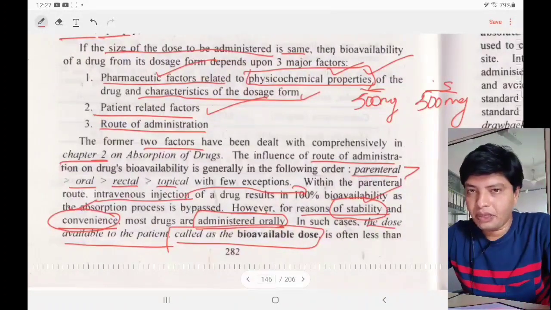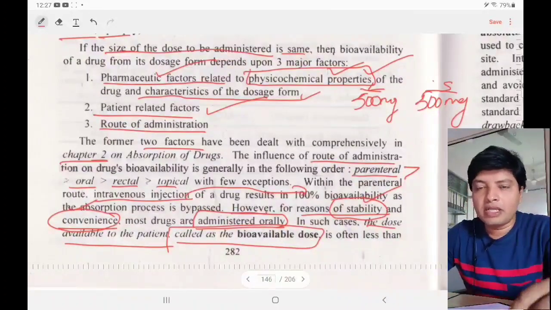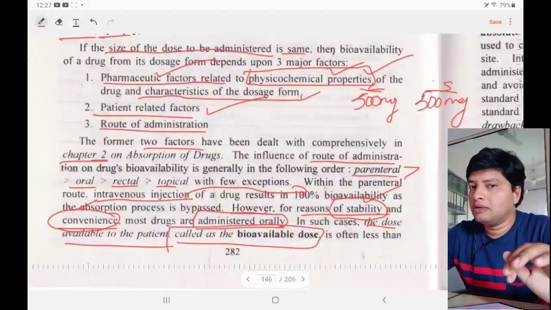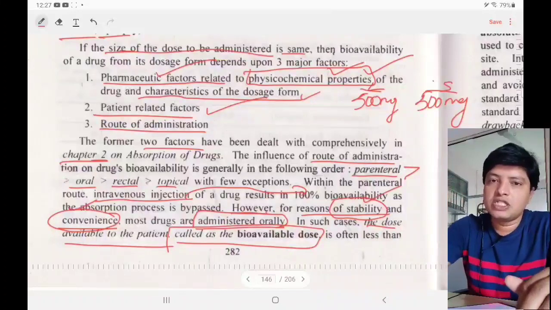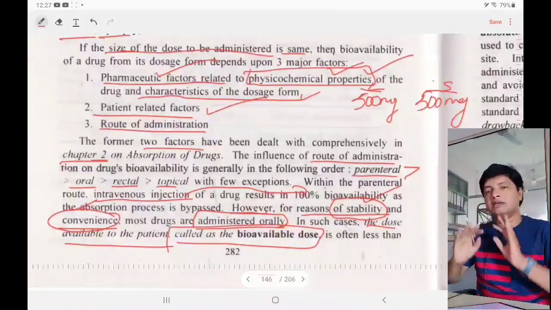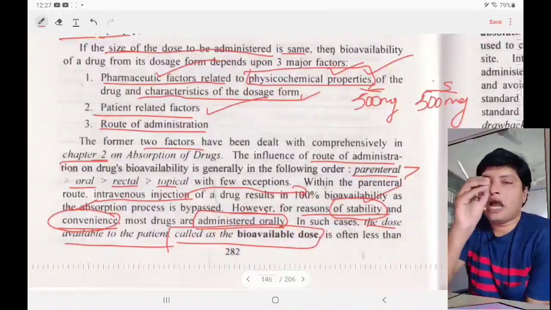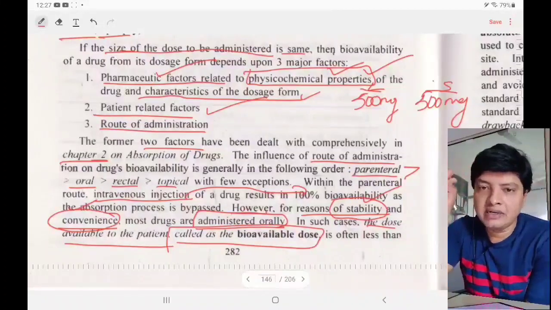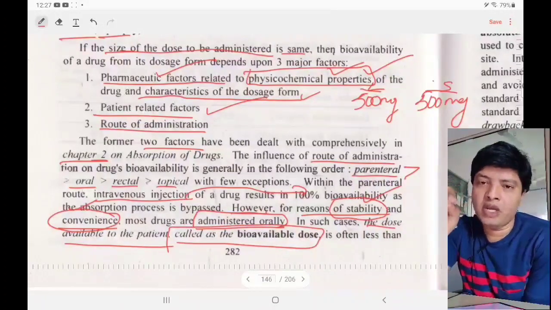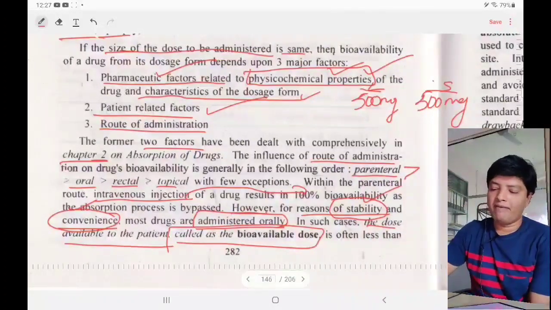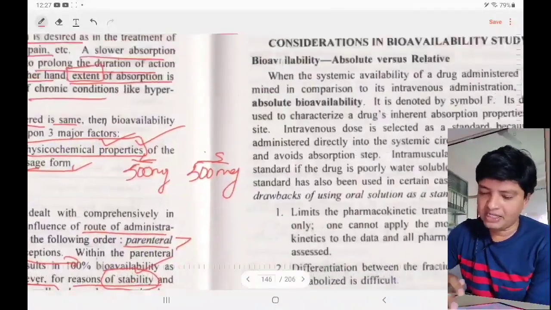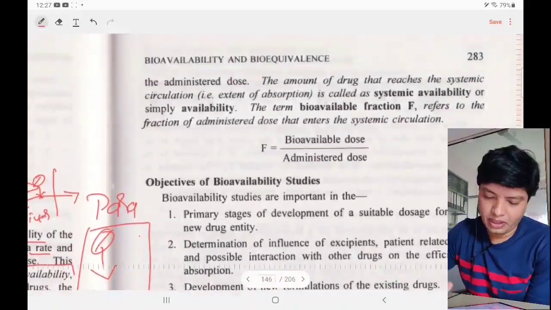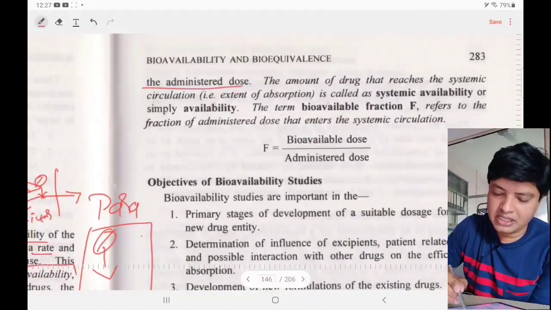If you give the drug orally, the drug will be absorbed and some part of the dose becomes available to the patient, that is, it enters the systemic circulation. That amount of drug which enters the systemic circulation we call the bioavailable dose. This dose is often less than the administered dose.